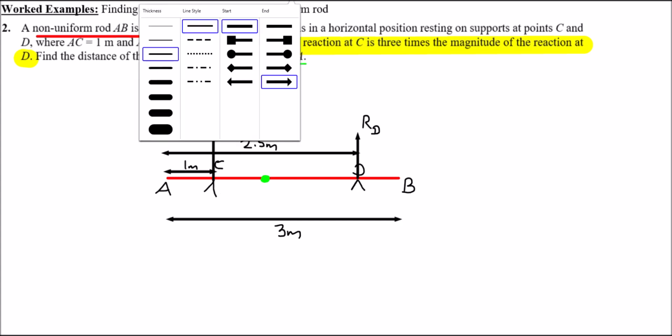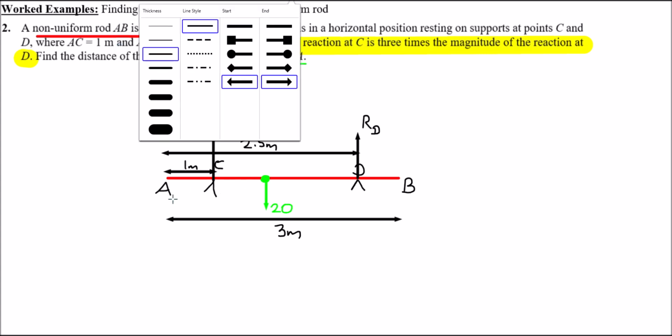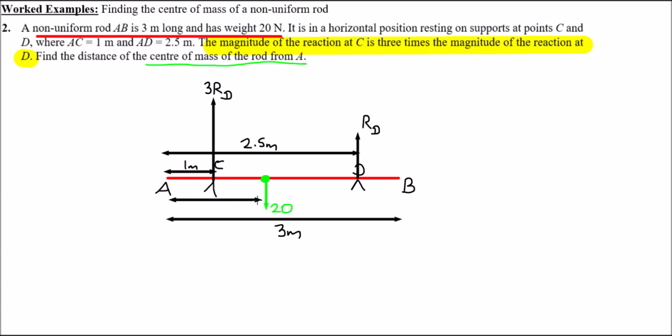And if the centre of mass acts at there, the weight can be considered acting from that point. So that will be a force of 20 newtons going down, because its weight is 20. And the distance of the centre of mass from A is the unknown thing we're wanting to find. So because this is the key unknown, I'm going to label this distance x. So ultimately this question is going to be solving for x.